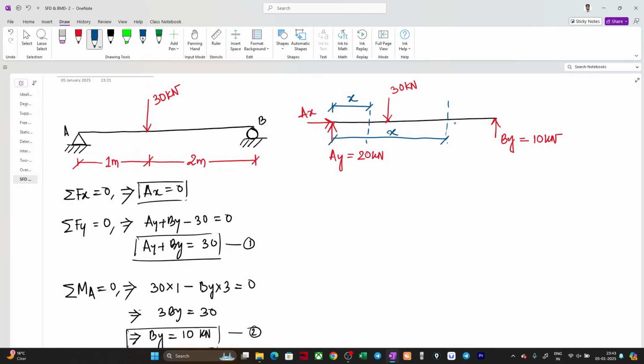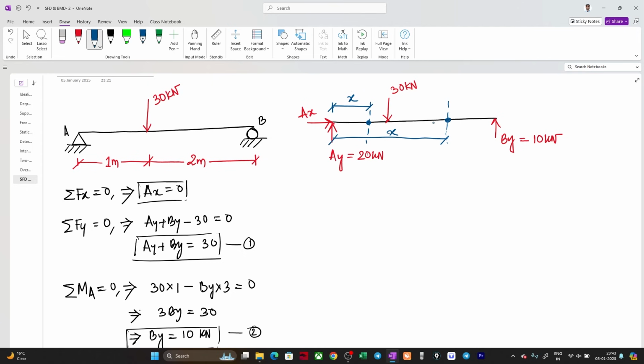I don't know how to define it actually. Maybe we can say x1 and x2, but in this case it won't help. Okay, let it be. So we will make two sections, first at this particular point, another for this particular point.